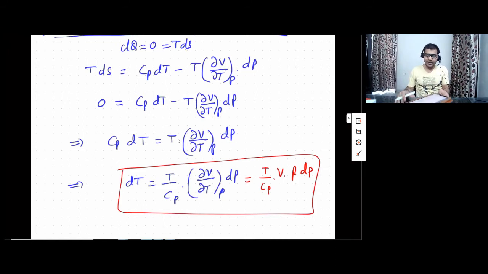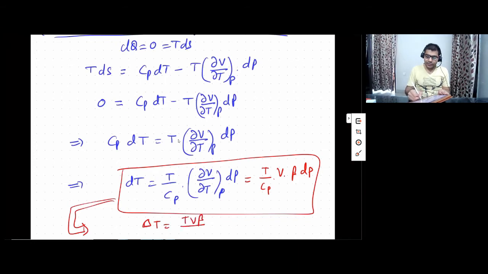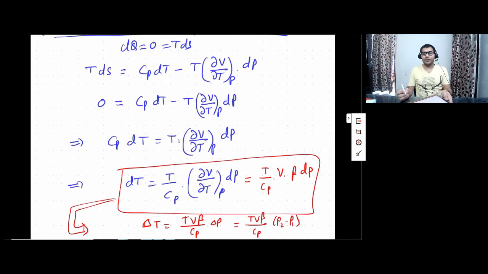So in those conditions, this can be alternatively written as delta T equal to TV beta over Cp delta P, where the pressure is changing from P1 to P2, so delta P is P2 minus P1. I can calculate the change in temperature in this reversible adiabatic process by this equation.